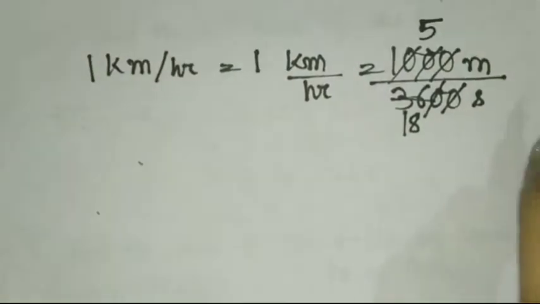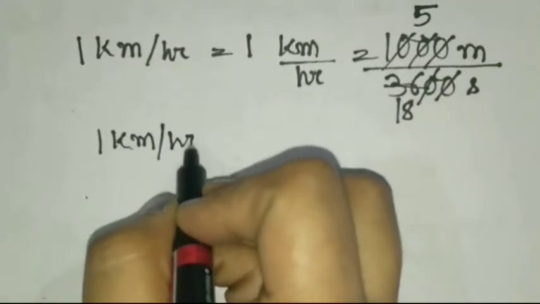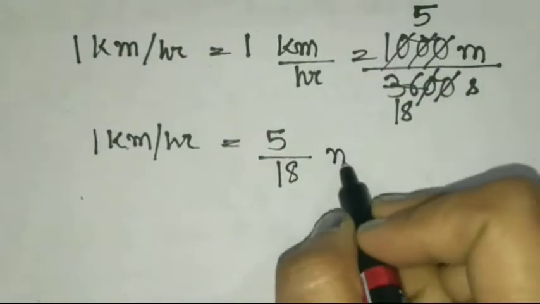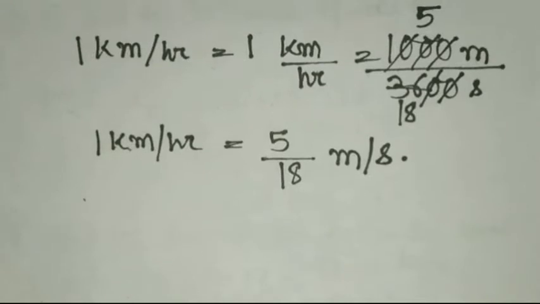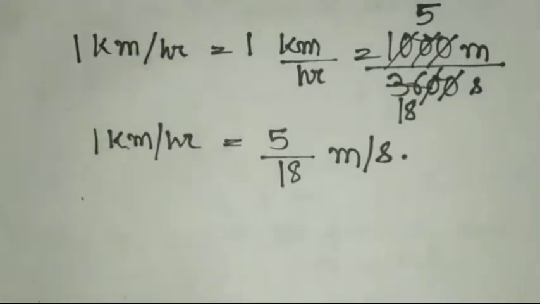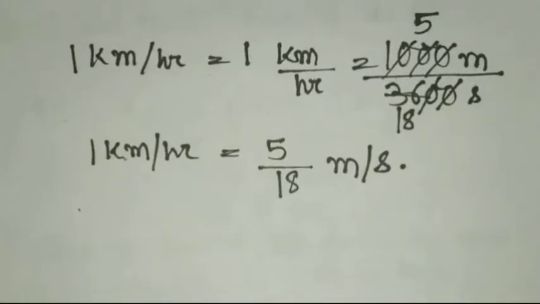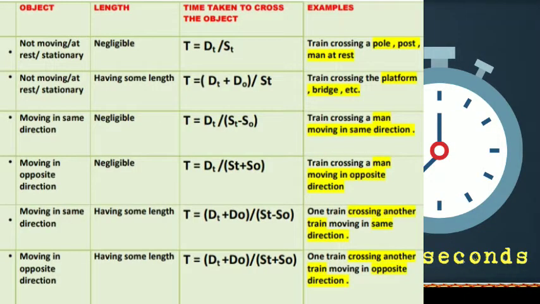So this is how we get 1 kilometer per hour equals 5 by 18 meter per second. We are going to use this in any question where the answer is given in meter per second and the question is in kilometer per hour. This is a really important concept that we are going to use in many questions.